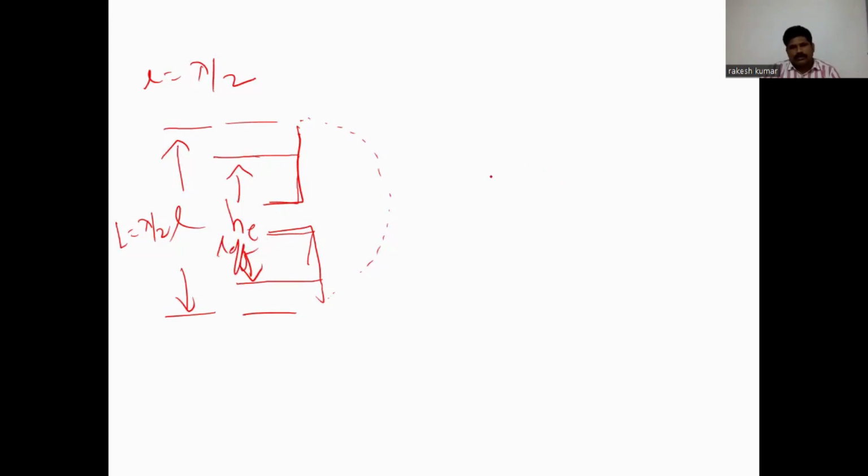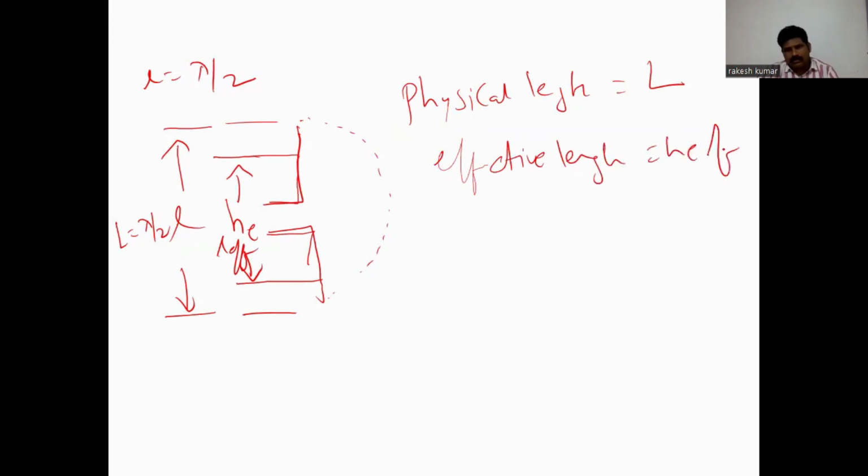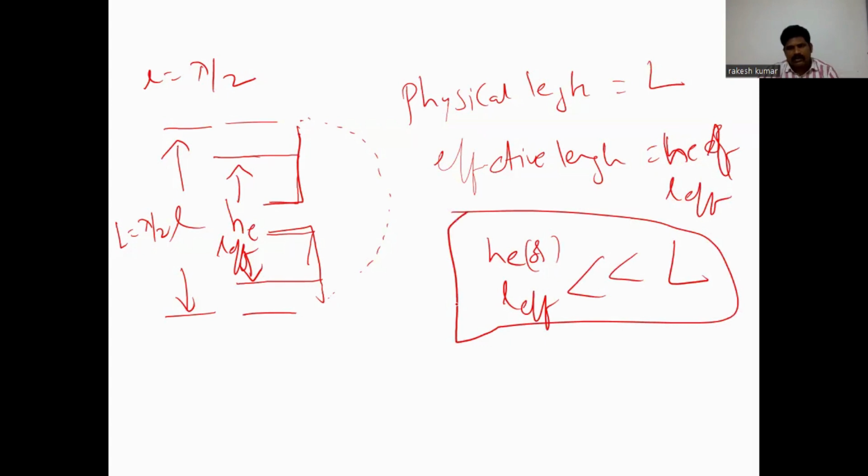So here the physical length is L, and the effective length is H_e or L effective. L effective is always less than the physical length L. The actual current distribution is sinusoidal with an average of 2 by pi, which is equal to 0.64 of the maximum value.